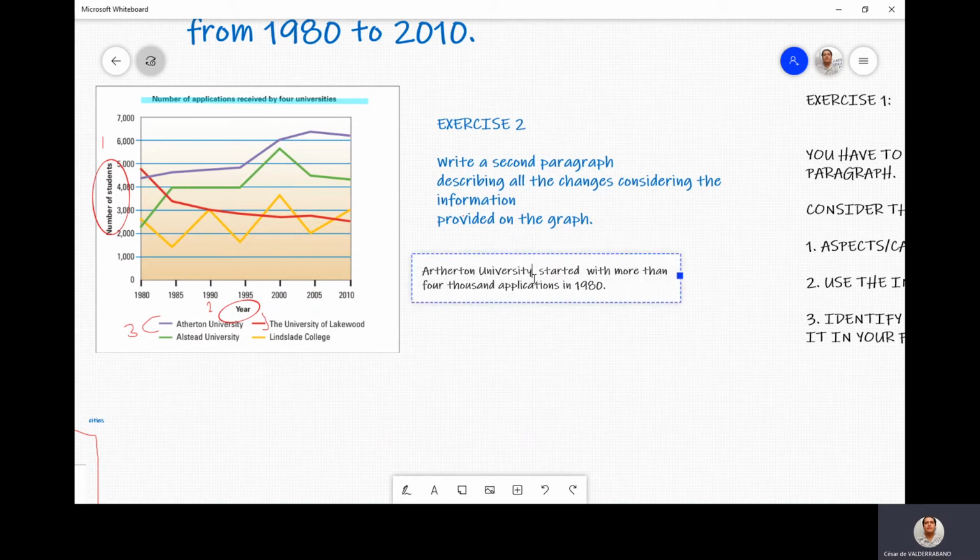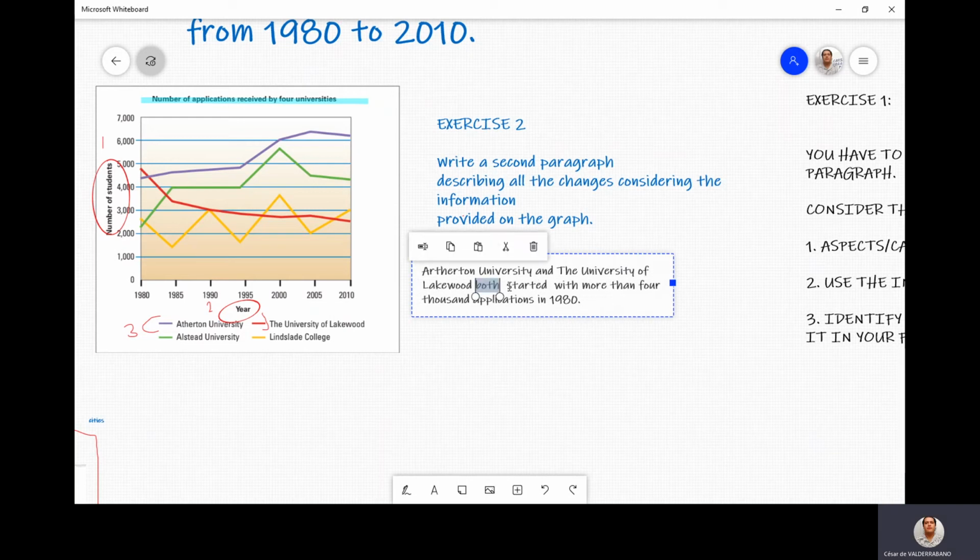So we can include the University of Lakewood. We can say Atherton University and the University of Lakewood both started. We can use the word both.